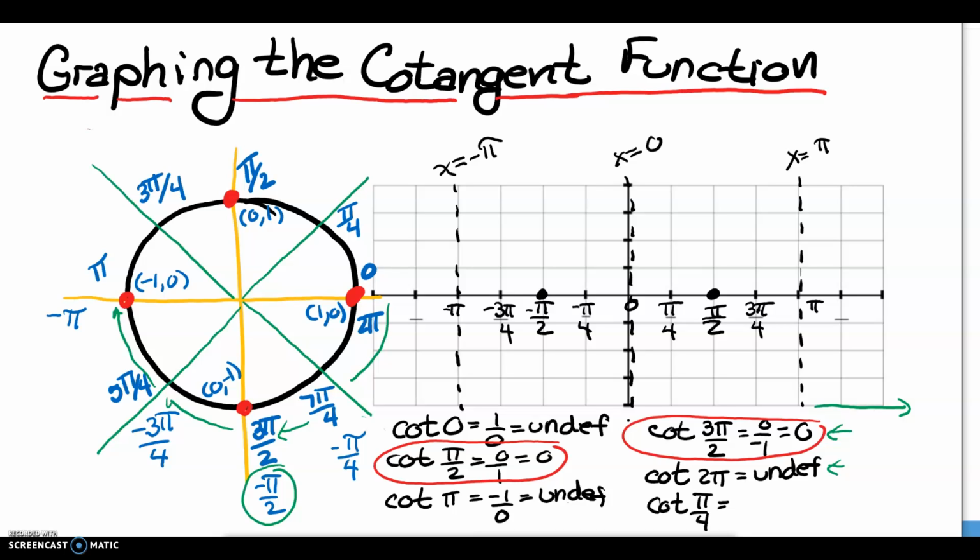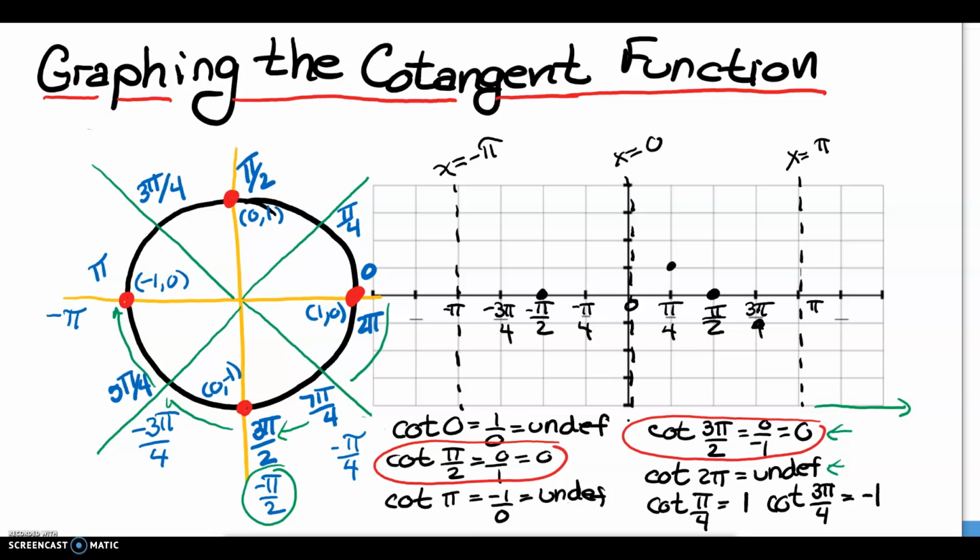But I do have marks on my unit circle for pi over 4 and 3 pi over 4. And I know at pi over 4, my cotangent is a positive 1, so I'm going to mark it as positive 1. I know at 3 pi over 4, my cotangent is a negative 1, so I'm going to mark it at a negative 1.